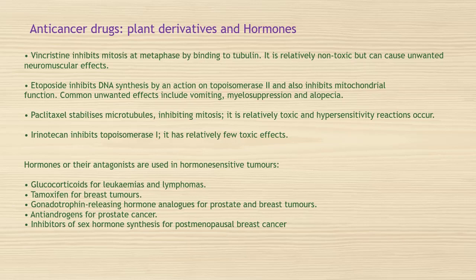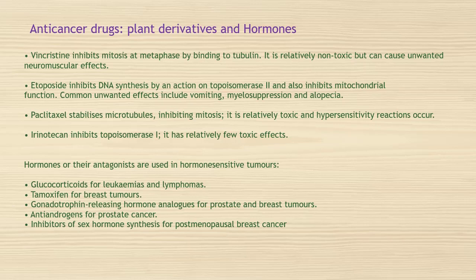Anti-androgens are used for prostate cancers. Or inhibitors of sex hormone synthesis for postmenopausal breast cancers. So these are some of the examples wherein hormones also play a very important role in controlling the cancer of those tissues which are hormone dependent.